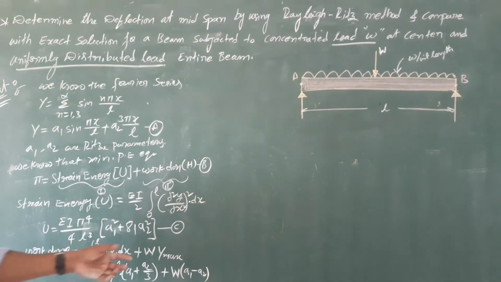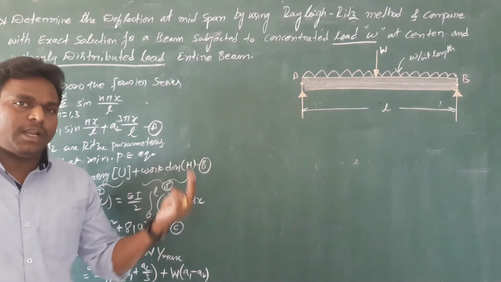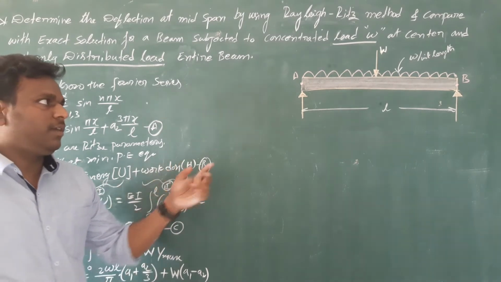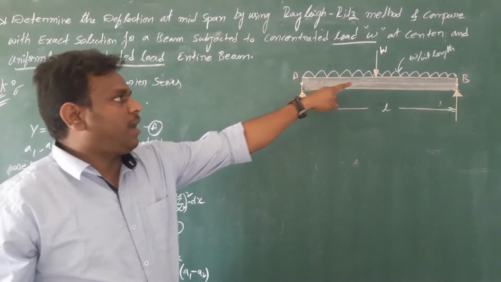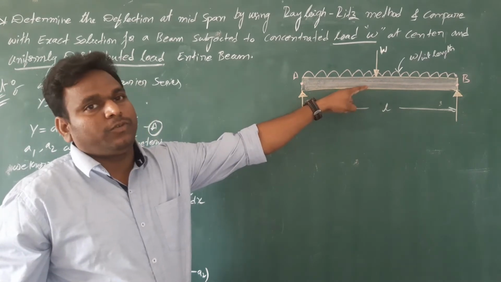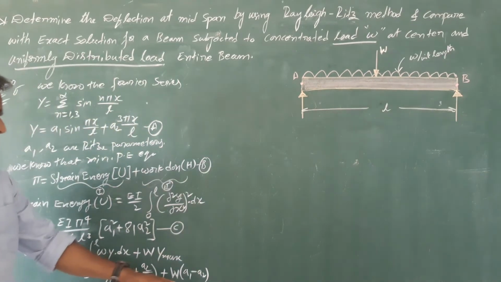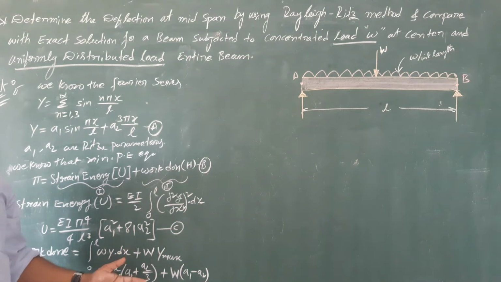I have already derived the two individually, one for the uniformly distributed load and one for the point load. Please visit those two videos and you will get this derivation simply.